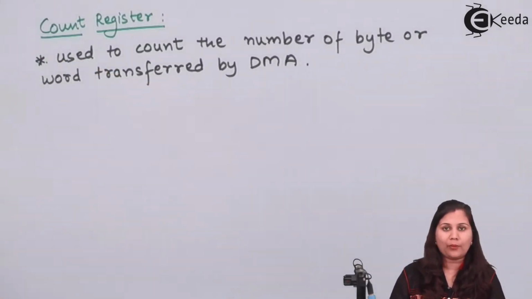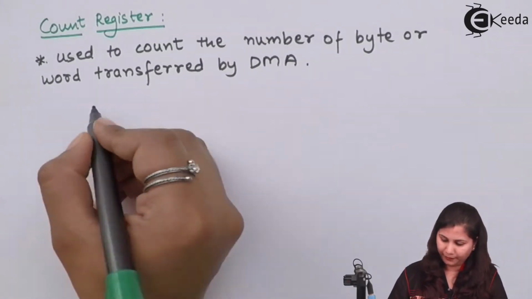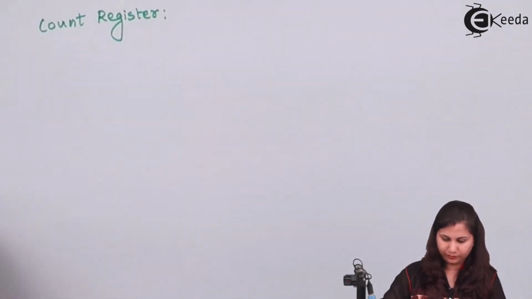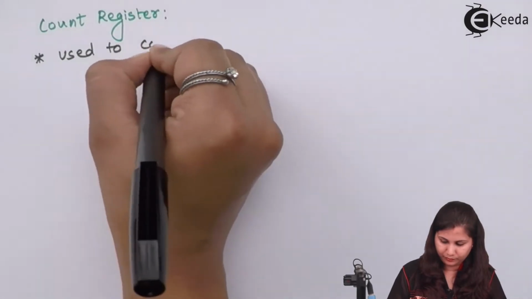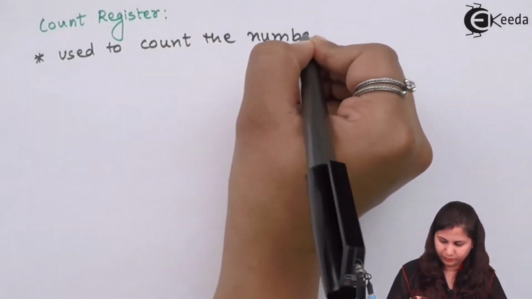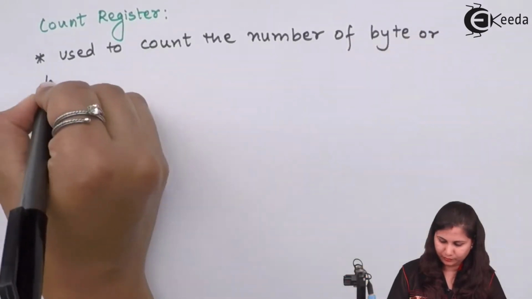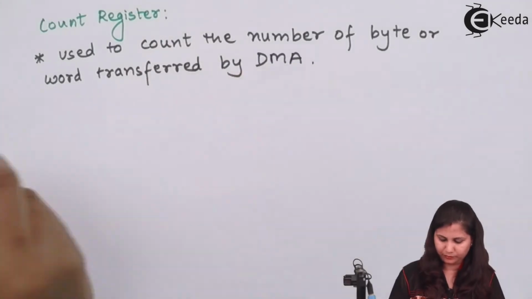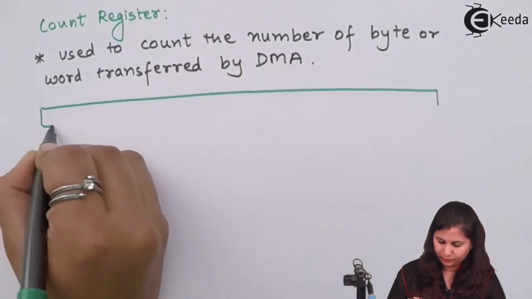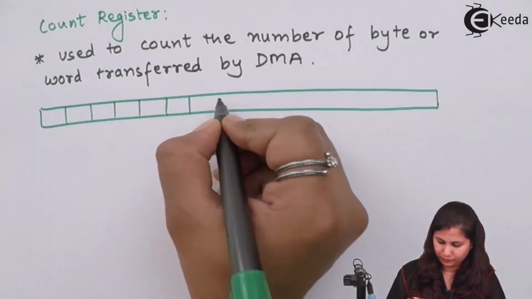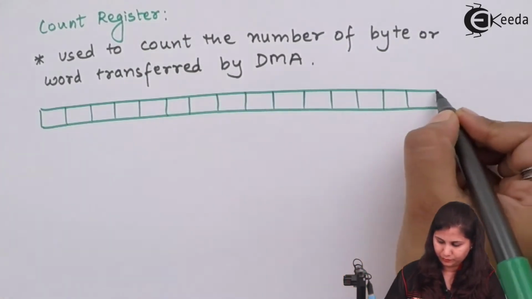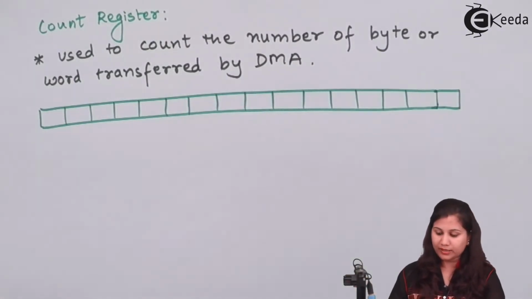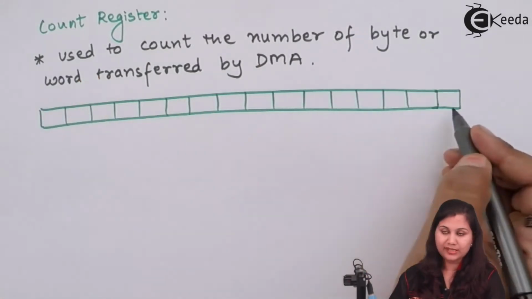Now the format of this count register is: it is a 16-bit register, so it will have 16 bits.